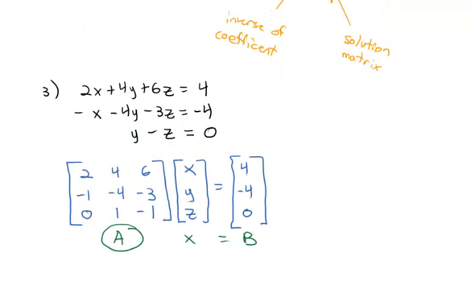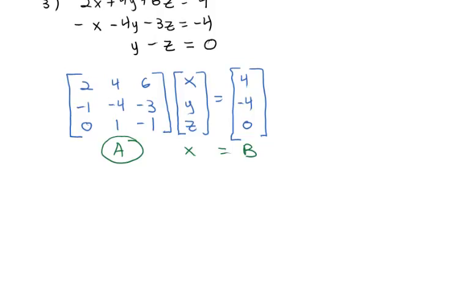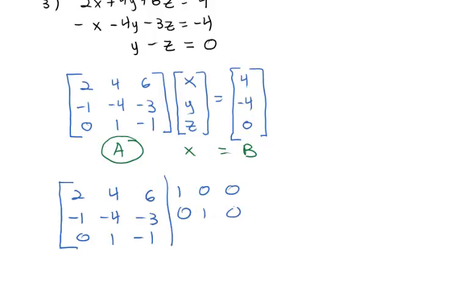So let's write this out as an augmented matrix. Matrix A is 2, 4, 6, negative 1, negative 4, negative 3, 0, 1, negative 1. And then the identity, 1, 0, 0, 0, 1, 0, 0, 0, 1, with those diagonal ones. And now we try and find the inverse. First we need to get a 1 on the top left.